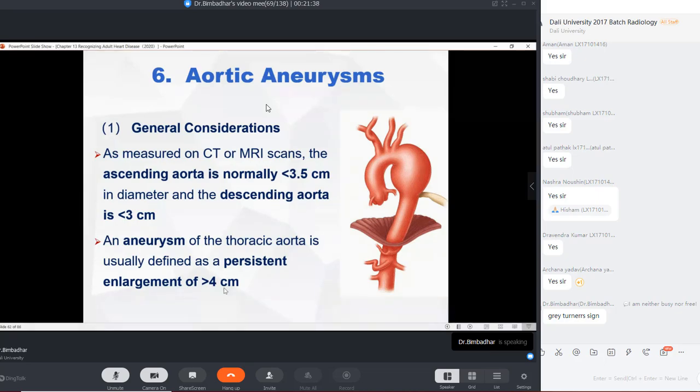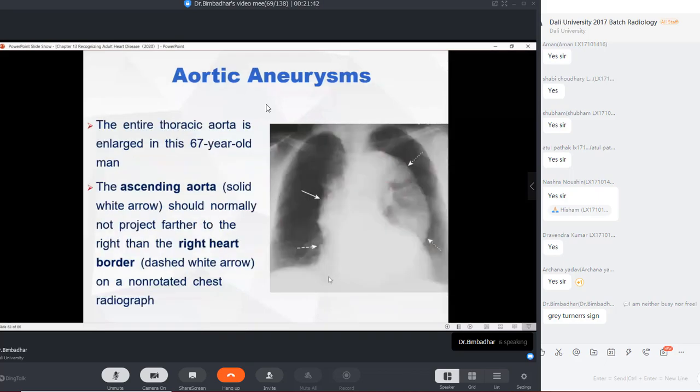So how does it look? You see here, there is a very clear expansion of the aortic shadow. That is a simple diagnosis enough. There is nothing else. Okay, the right heart border is projecting much more on the right side.